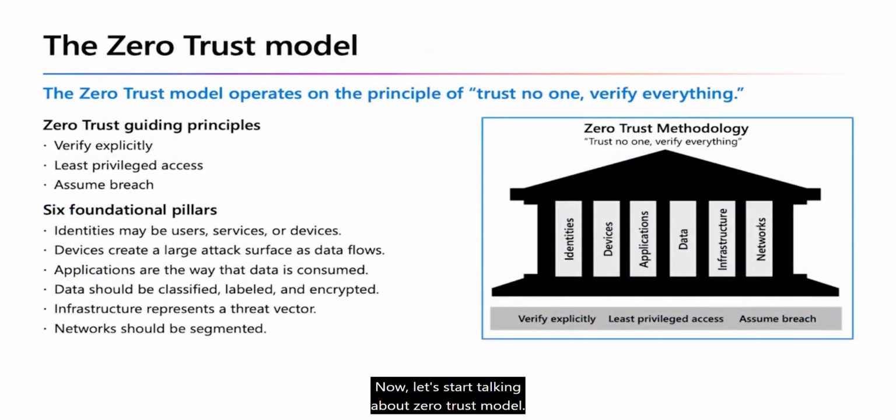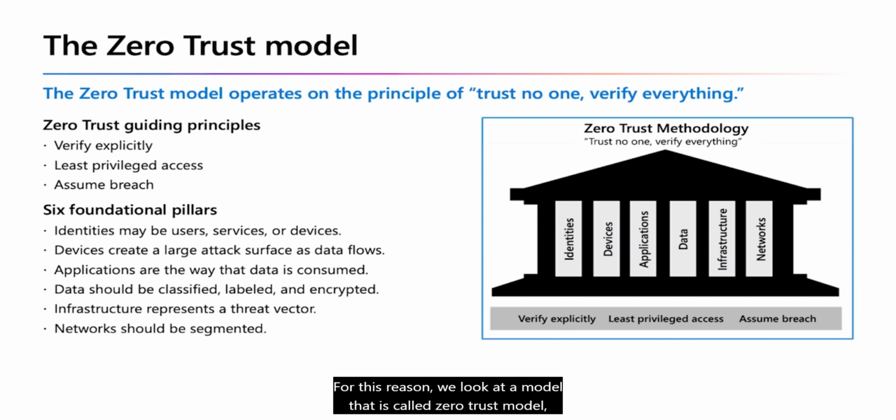Now let's start talking about the zero trust model. Nowadays, technology is changing and evolving very fast. We could agree on that. And because of these changes, attackers have the ability to sometimes bypass our conventional access and management solutions. We want to come up with a concept that can secure services in a way that they can be protected regardless of the new implementation and changes that have been brought into the environment.